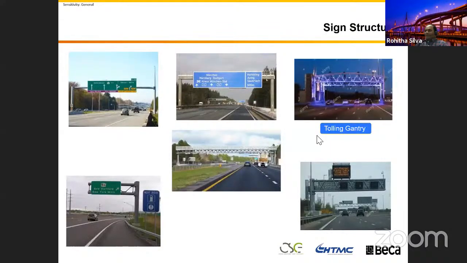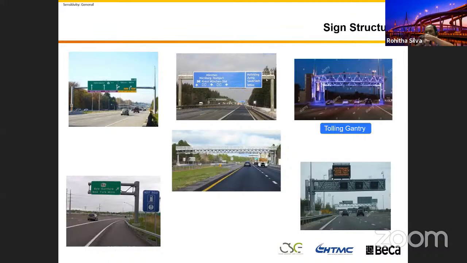And the next one, I'm going to spend a little time on sign structures. I think sign structures are another very important element in a highway infrastructure project. Sometimes they are not connected to the bridge, but you can see on highway infrastructure they go across the highway.